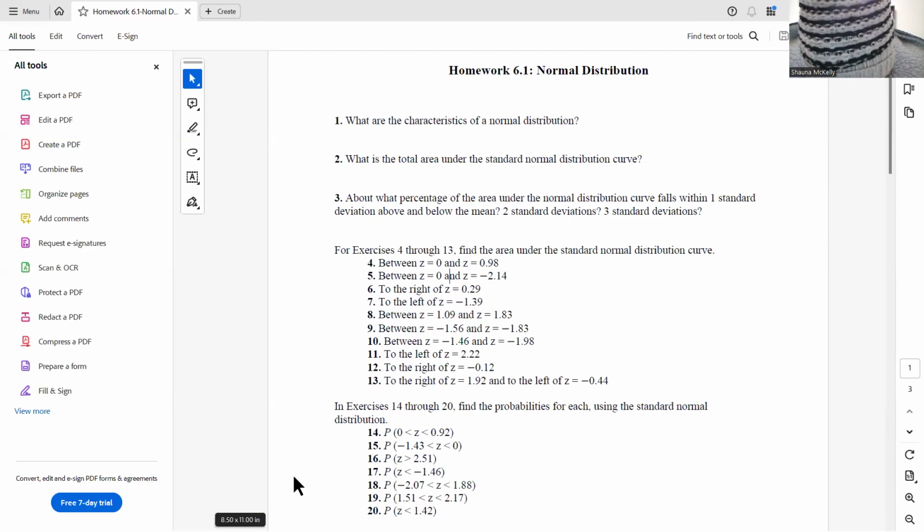Let's see. There it is. Okay, so now, here's my board. And I'm going to draw my distribution curve, and I want to find.